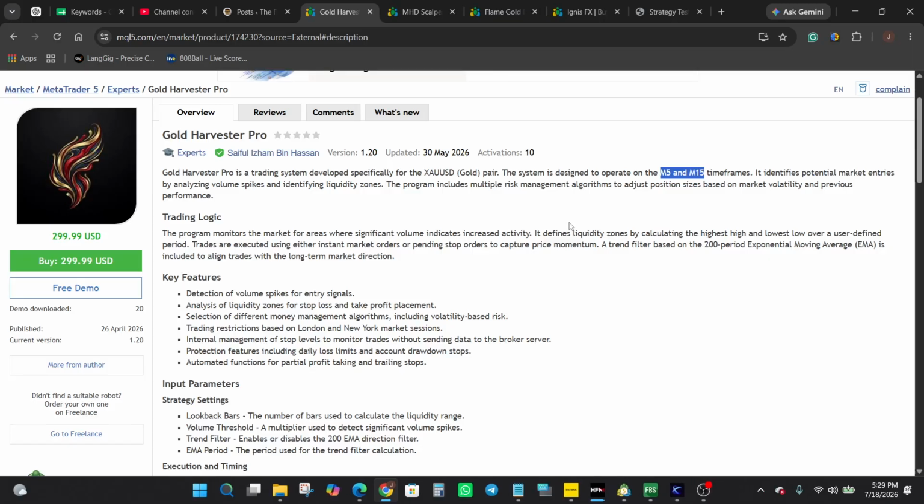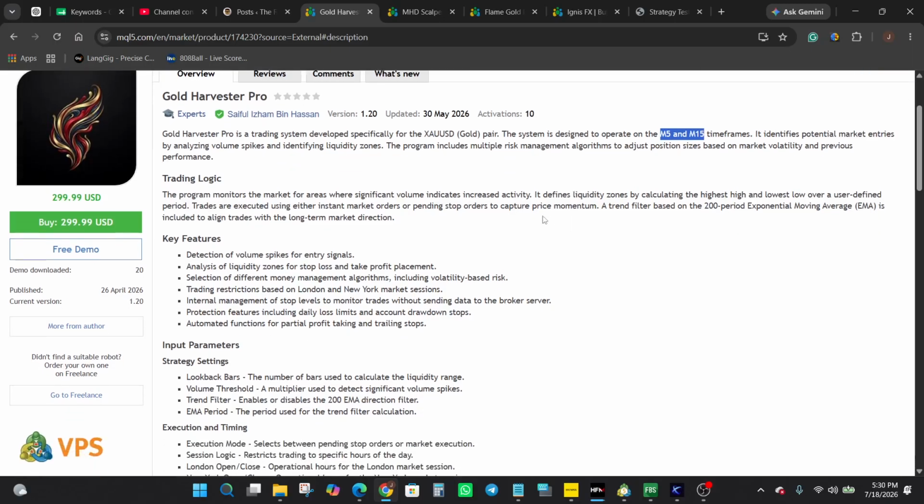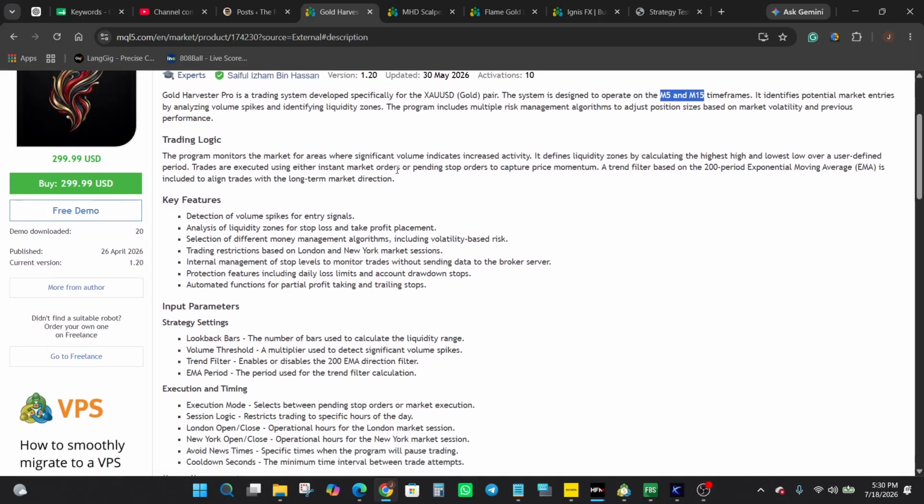The developer describes it as identifying entries through volume spikes and liquidity zones with multiple risk management algorithms that adjust position size based on volatility and prior performance.